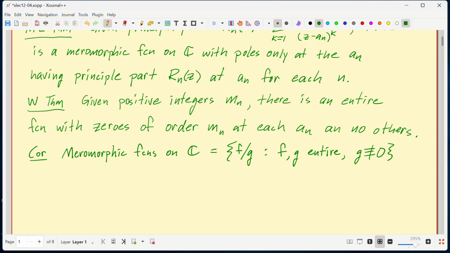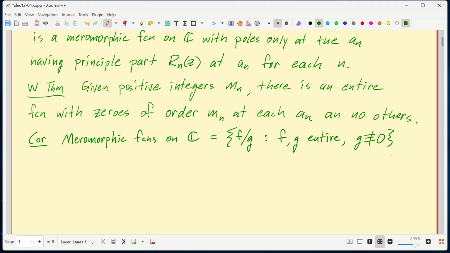Let's see, why would that be? I guess the proof of the corollary is easy. Proof of the corollary. Suppose that you have a meromorphic function f with poles at the a_n's.